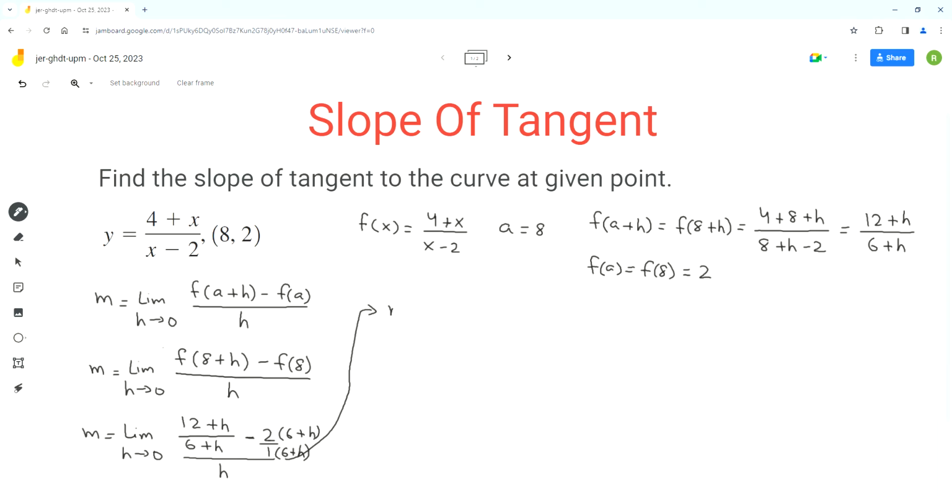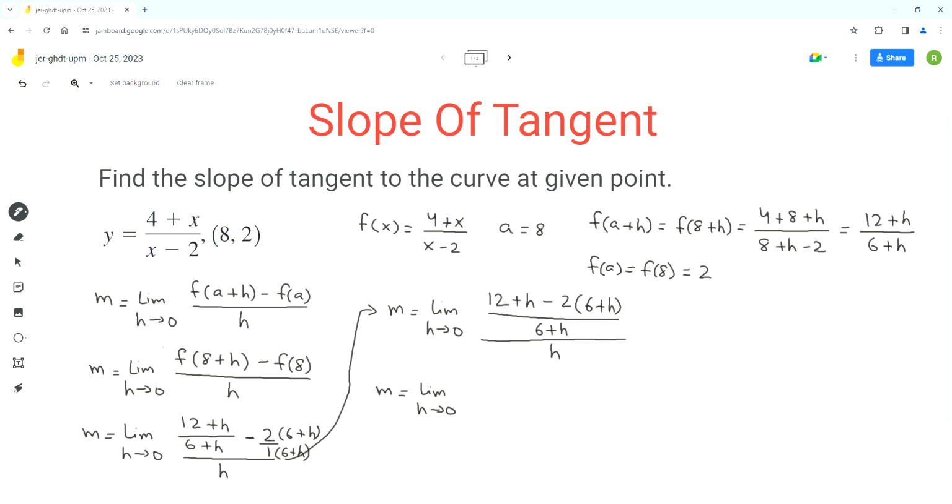So we get m equals limit as h approaches 0 of ((12 plus h) minus 2 times (6 plus h)) over the common denominator (6 plus h), because the idea behind finding a common denominator is to combine the fractions. We can simplify the numerator.